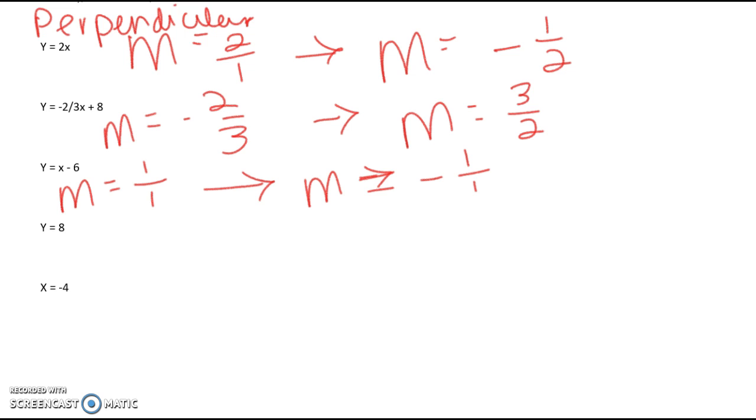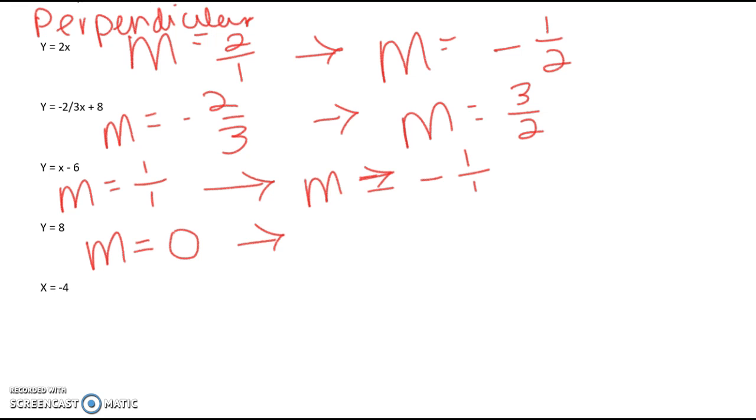The fourth one, y equals 8. If you remember from graphing, the slope on this is actually 0. Because if I graph this line, it's a horizontal line. So if my slope is 0, 0 can come from doing 0 divided by any number besides 0. So 0/1, 0/2.